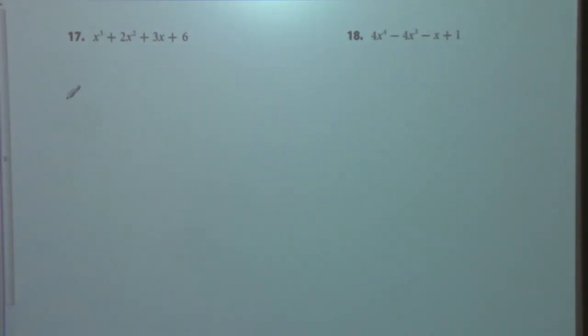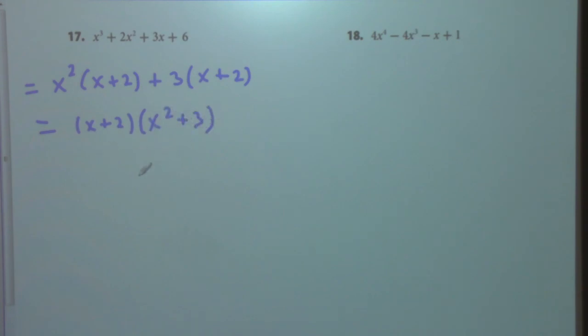I got x squared, parentheses, x plus 2, plus 3, x plus 2. And then you pull out x plus 2, parentheses, x squared plus 3.